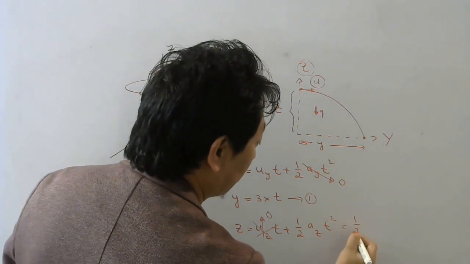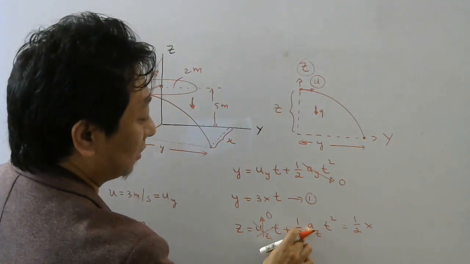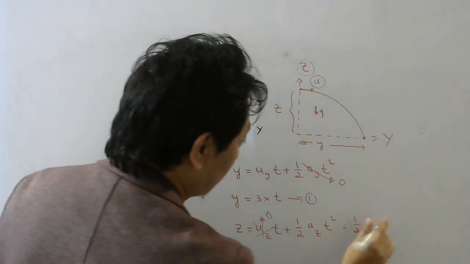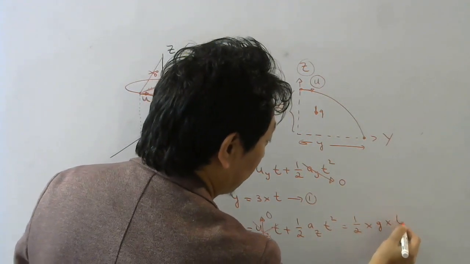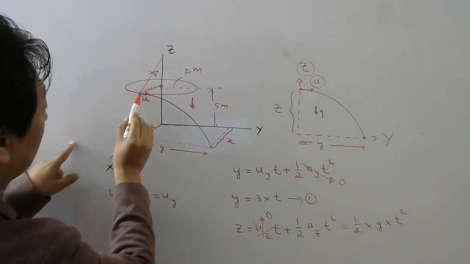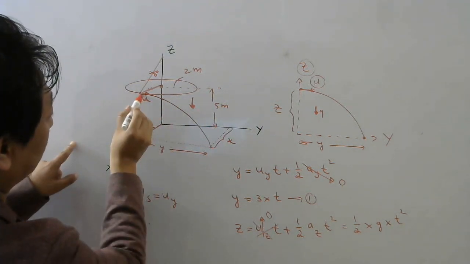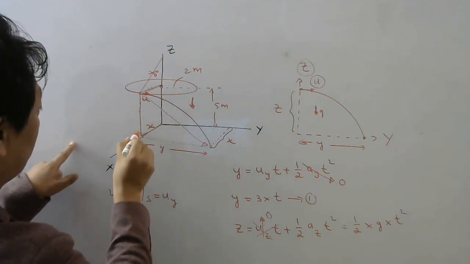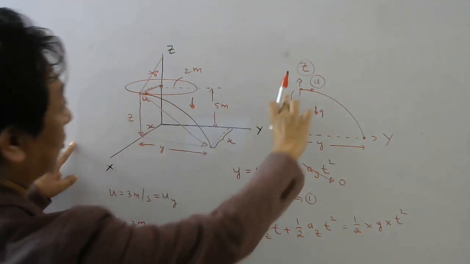So this will be half. And what is the acceleration along z-axis? Acceleration along z-axis is your g itself into t square. Now what is the z? You can see when the particle comes from here to here, this is the actual displacement. This is the z component of displacement, right? Which I wrote here z.